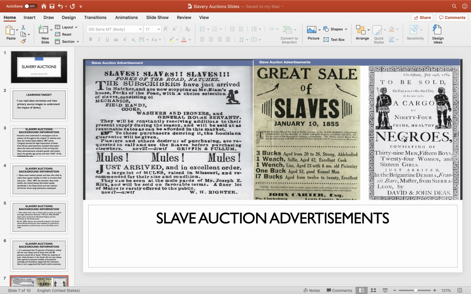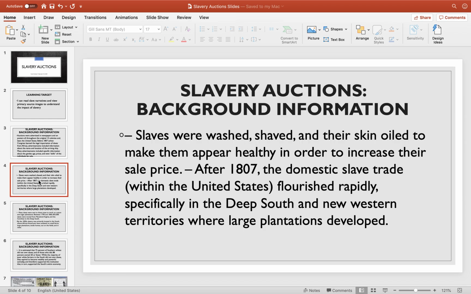So this was clearly before 1807, the year when the importation of slaves from Africa was banned, because here they were brought from Africa. So you get the idea of what these advertisements were about. Let's continue.